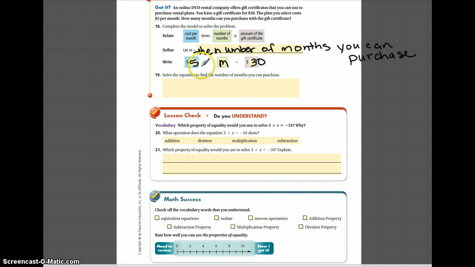And that's because it's $5 per month and we have $30. Now we solve this equation. 5M equals 30. We need to isolate the M, so divide both sides by 5. And M is equal to 6, so 6 months.